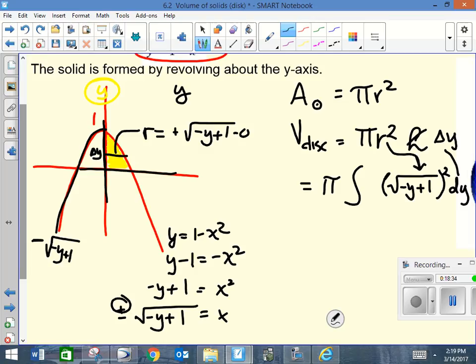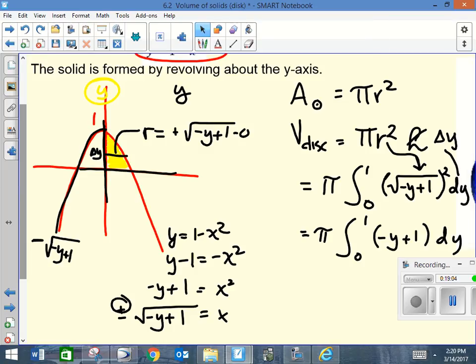Now we need to find the limits. Remember, the limits have to involve y. So the bottom, of course, is 0. The top is 1 because that's the top. Sometimes it's a little bit more complex. Before you plug into your calculator, let's clean it up because it's a lot easier to put in negative y plus 1. Go ahead and throw it in your calculator.